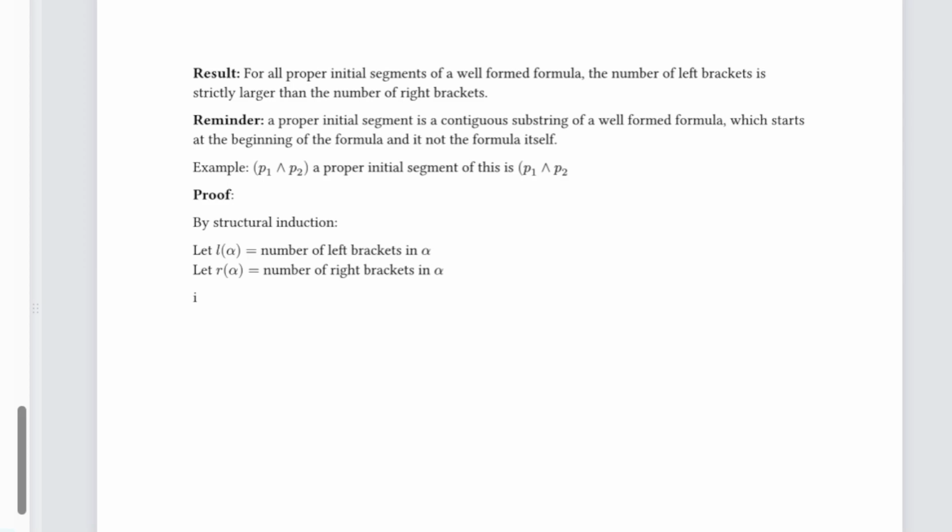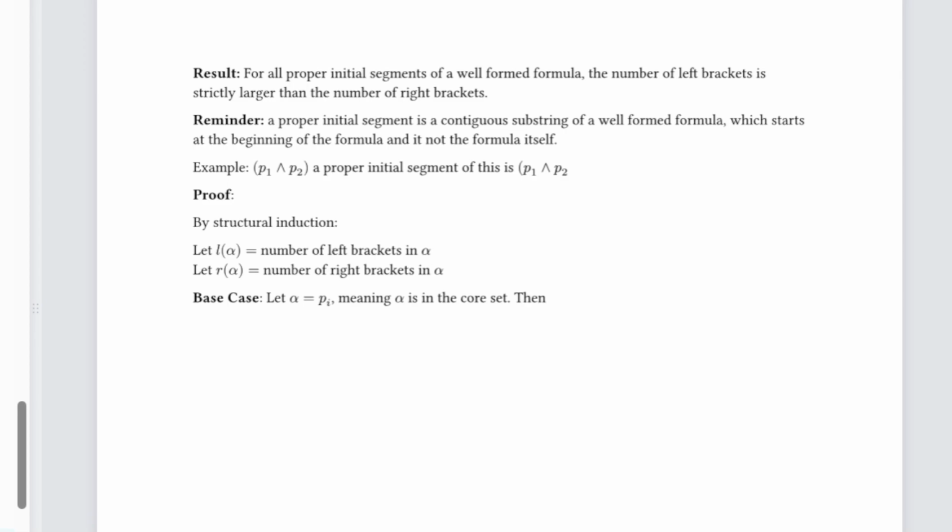Okay, now, in the base case, we're going to say let alpha equal pi. So this means that this is one of our propositional variables, meaning alpha is in the core set.